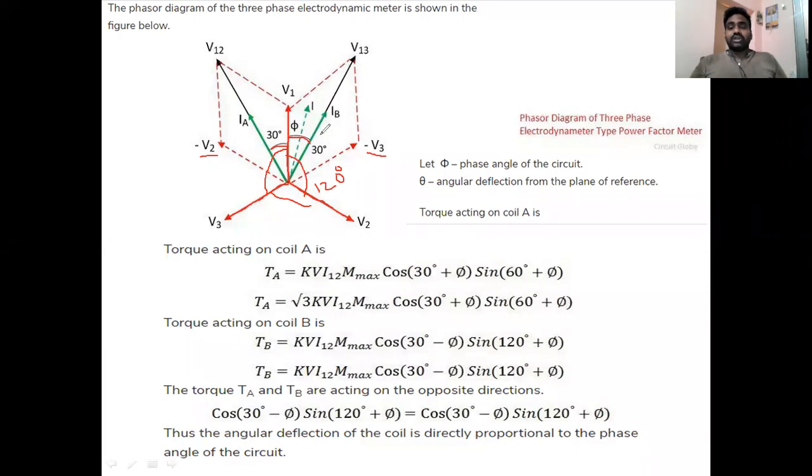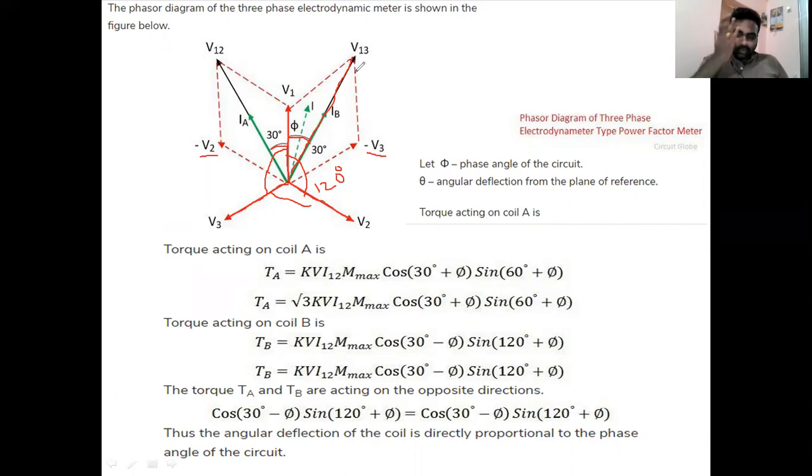But at what particular instant is that current lying? IB is in phase with V13. That is an important point. IB is in phase with V13 because V13 is the voltage across coil B, the moving coil, through which the current is flowing.